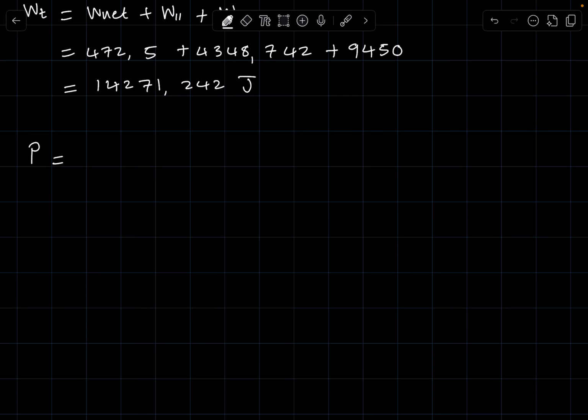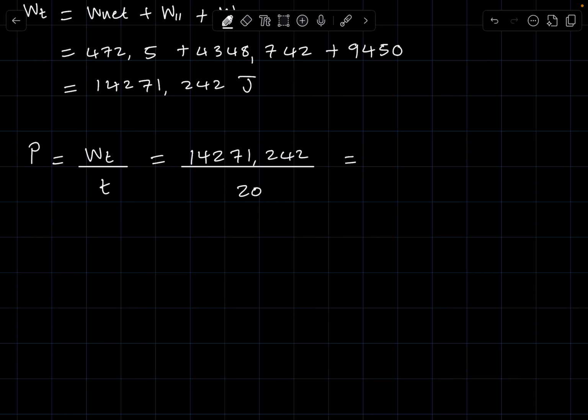Then once you have the total work done, now you can calculate the power exerted by the total force. So remember that power is the rate at which work is done. So this will be equal to 14271.242 divided by the time, which was 20 seconds.